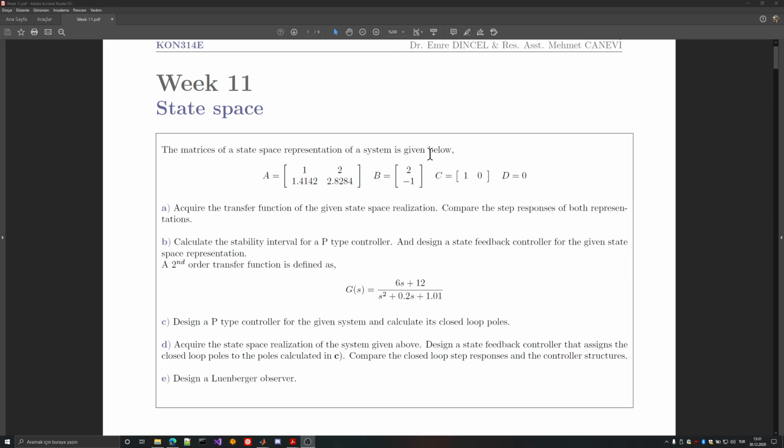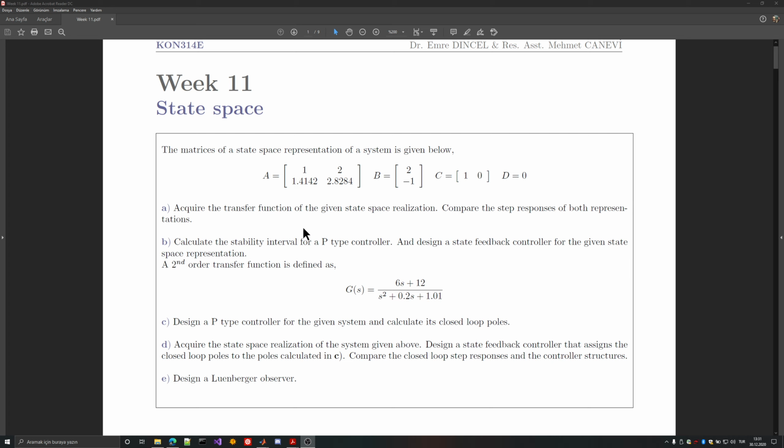If you have such a state space model, then the stability and some of the known topics may be updated for this model. So we will see how to define these.